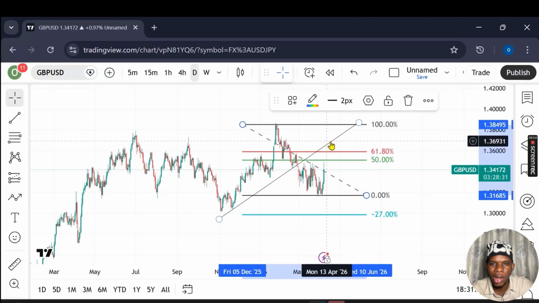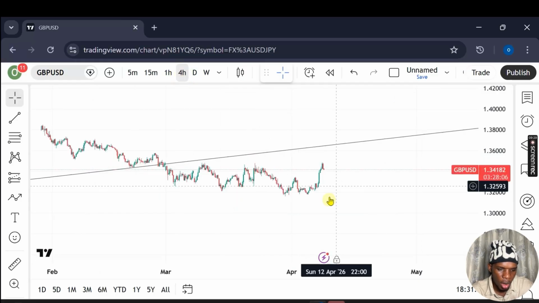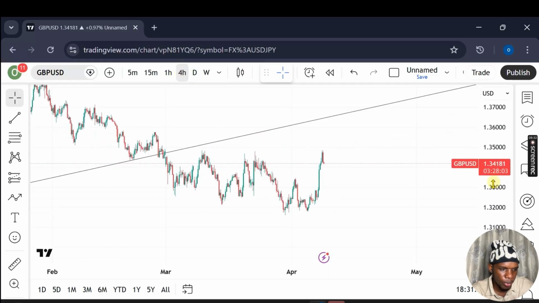If you want to learn how to use this Fib retracement tool, I teach this in my mentorship class. If you join my mentorship class, I'm going to teach you how to use this. It will help you know where the market is likely to stop, where you are going to put your entry.